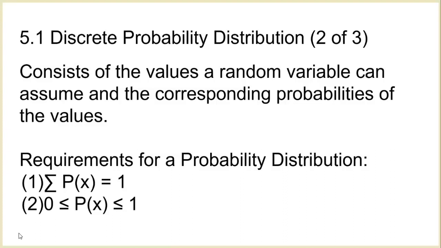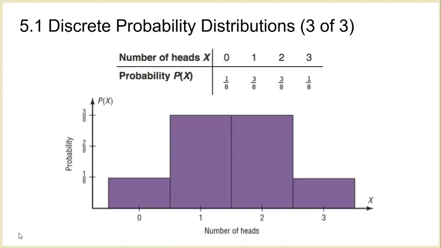And so let's look at a few examples here about what a discrete probability distribution looks like. So here we have a probability table where, when we think about a table, we think of X and Y as independent and dependent.